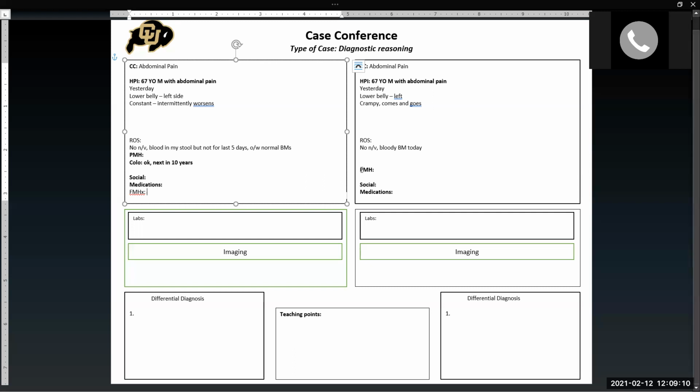So let me fill some information in here, since I told you I'd tell you about both patients. For the second patient, he has never had a colonoscopy before. And no family history of GI cancers or rheumatologic diseases for either.